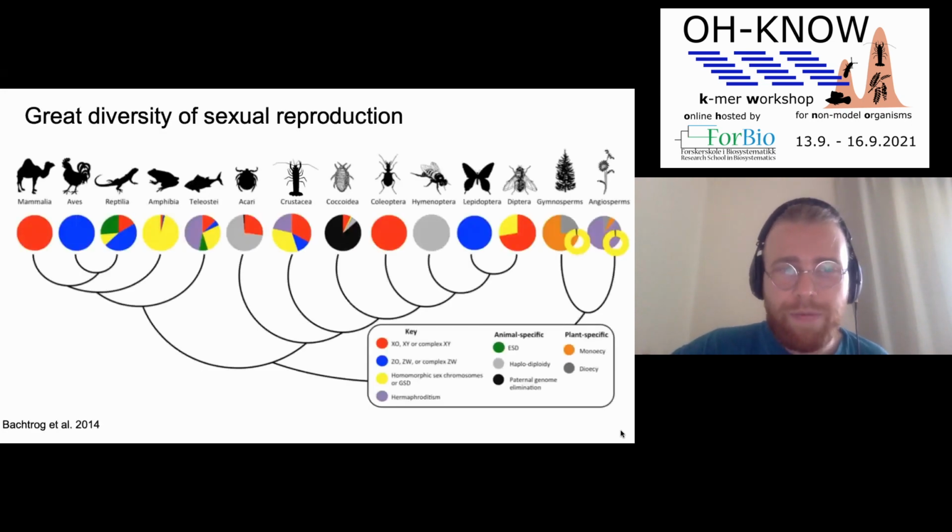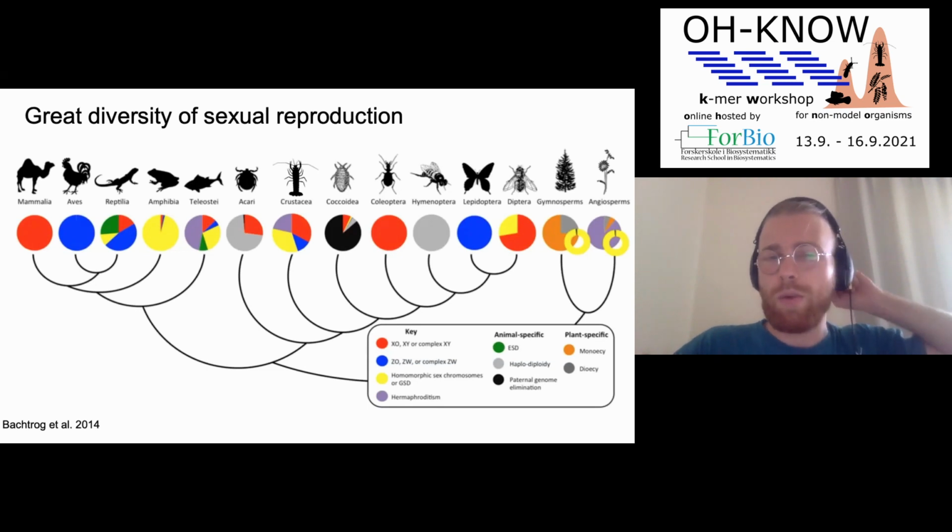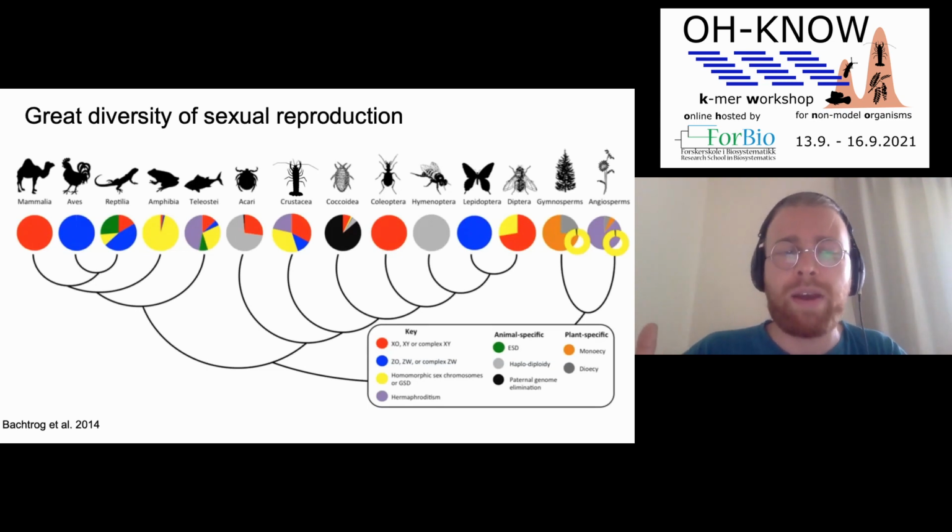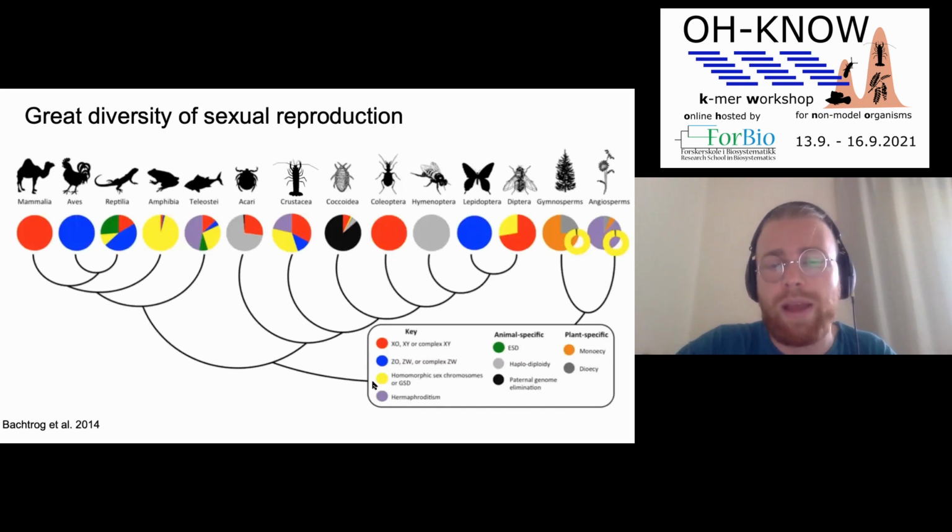Practically all animal life shows this variety of sexual reproduction modes. It's really incredible how much variety there is. We have male heterogamy, where the males are defined with XO or XY sex determination systems.